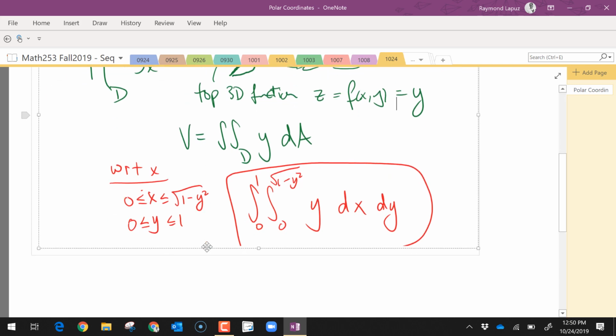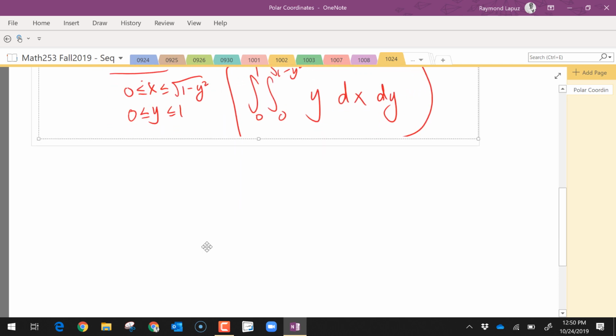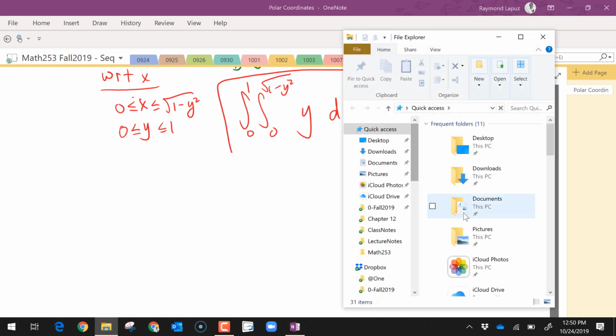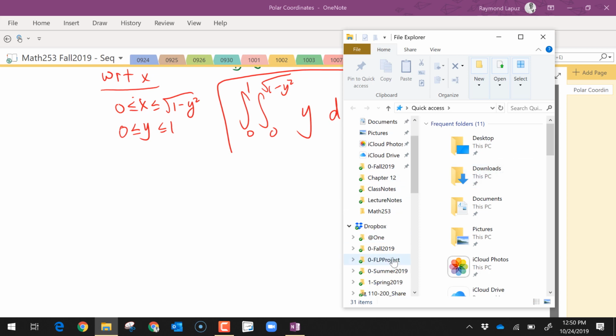Polar coordinates for us will make things a lot simpler, I think. If you remember the relationship between Cartesian coordinates and polar coordinates, there was something with an r cosine theta and r sine theta business.